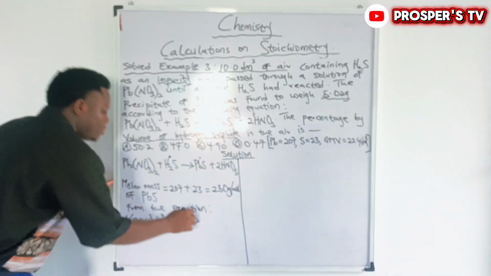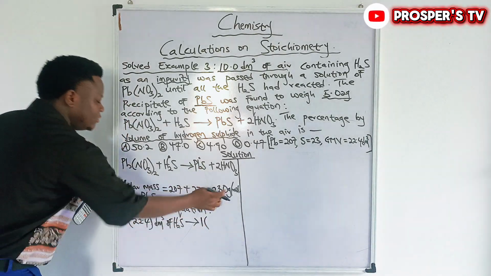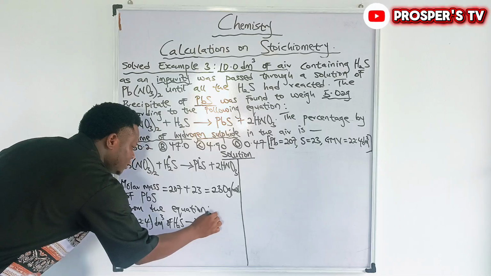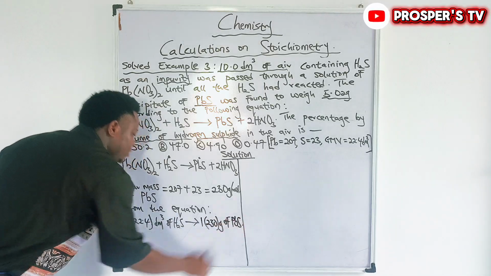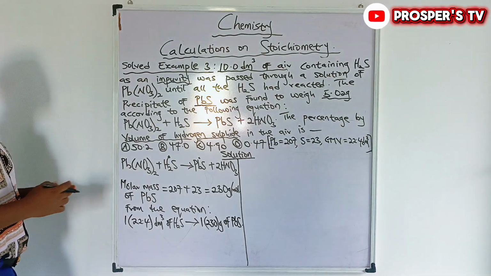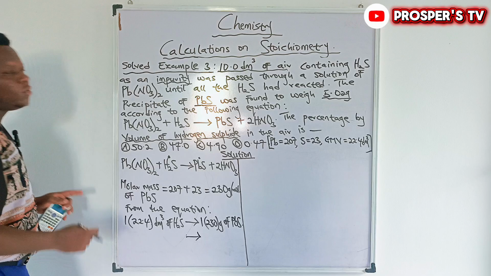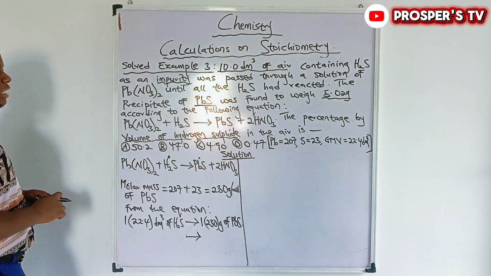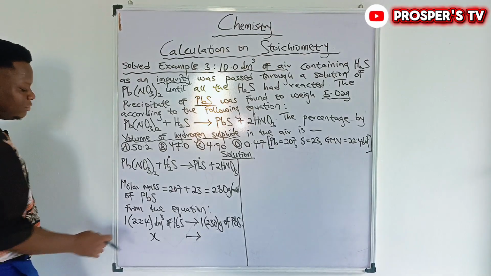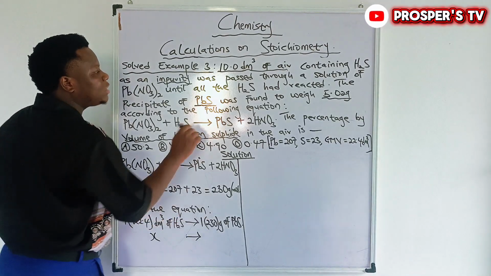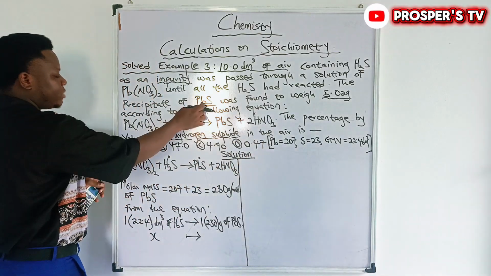We have 1 as the coefficient here also, which is 1 times the molar mass of PbS, 230 grams of PbS. So I'm interested in now knowing, remember that your next step is to put a second arrow. One side we have X. So which side we have X? Of course, the side of hydrogen sulfide. So I'm interested in knowing the volume of hydrogen sulfide that is actually producing this particular mass of the precipitate.